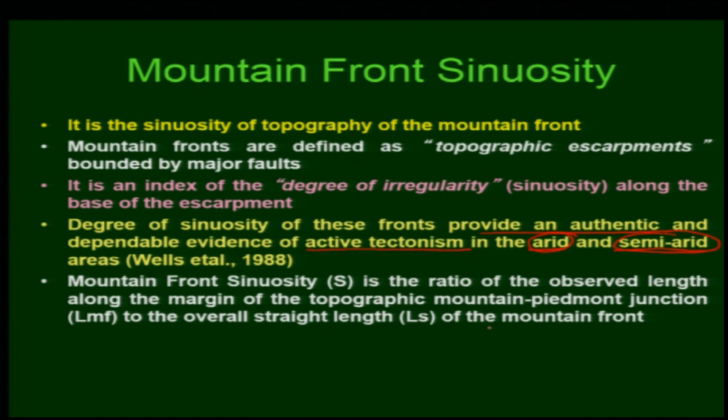So, if we take the mountain front here, then we give this as Smf, the mountain front sinuosity, which is the ratio between LMF, that is the topography of the mountain front, and the overall length. Okay. Let us see how we are going to identify LMF and LS.